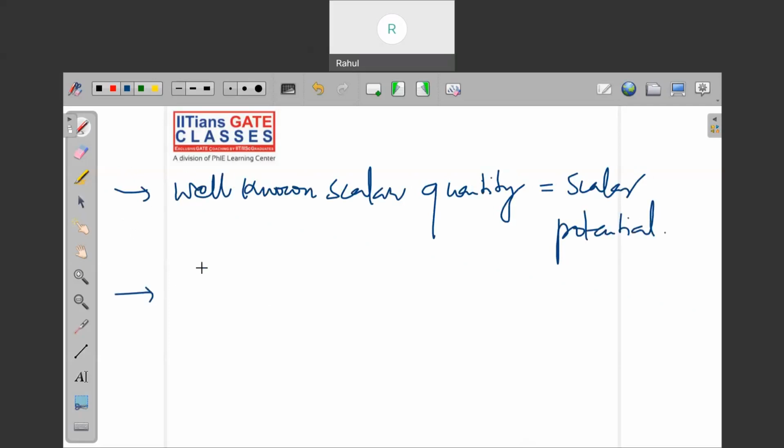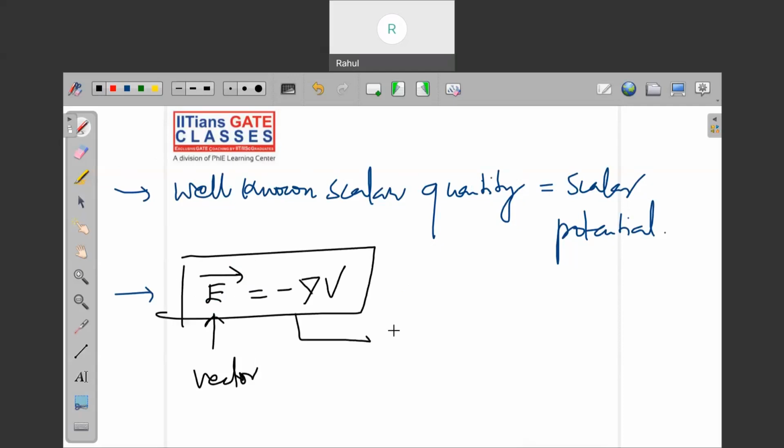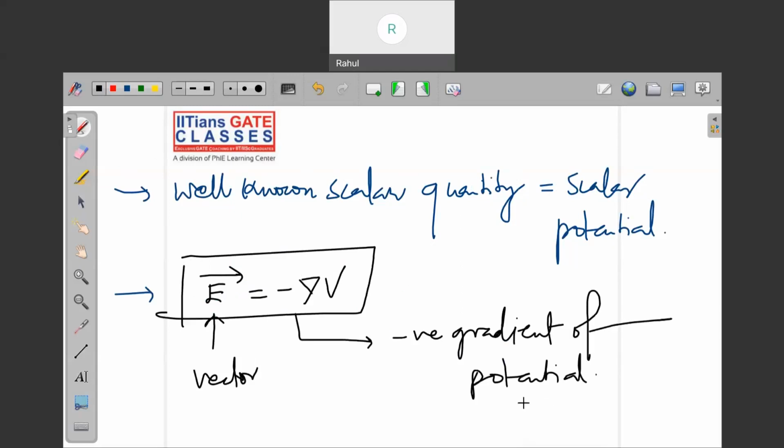So what is the relation between electric field and the scalar potential? The electric field is a vector quantity, a vector field. And if we take the negative gradient of potential, what is gradient?